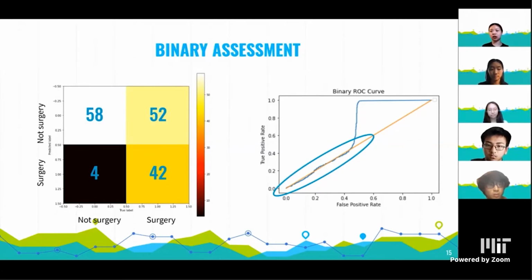Also on the right, for the ROC for this classifier, you can see that for about half of the graph, the blue curve follows that diagonal orange line, which is the curve that would occur if our model decided classes entirely at random, which means our model didn't do very well for about half of that curve. So we decided to just stick with the multi-class model that we already had and try to improve that to get better results.